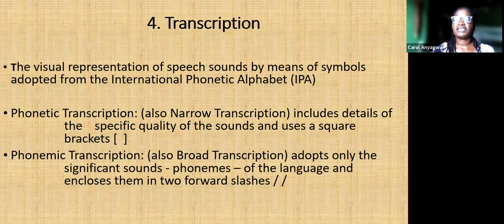So what we've done is a phonemic transcription. So again, differentiating between these two on the basis of transcription, we see that phonetic transcription uses details of the symbols enclosed in square brackets, while phonemic transcription uses phonemes of the language enclosed in forward slashes.